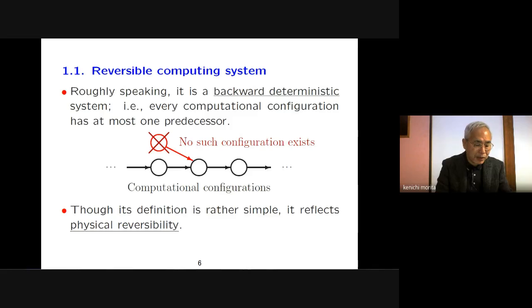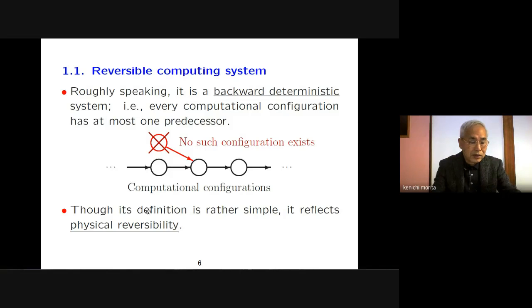Very roughly speaking, reversible computing is a backward deterministic system. As in this figure, every computational configuration has at most one predecessor. Therefore, no such configuration exists.